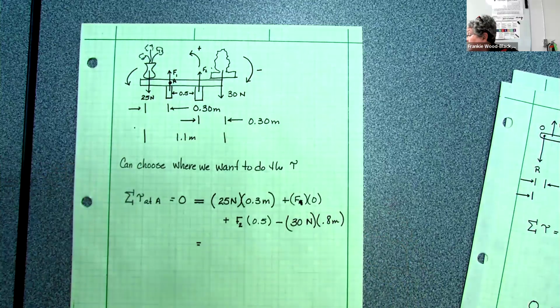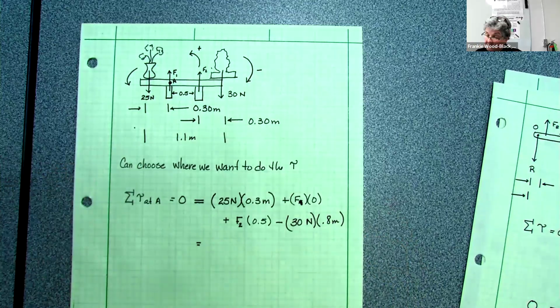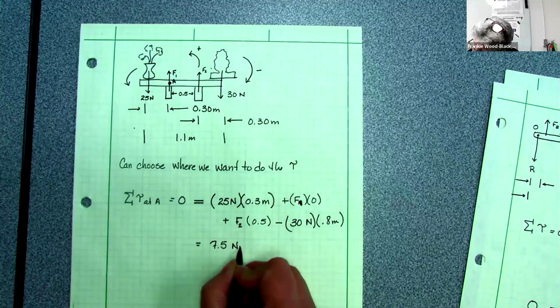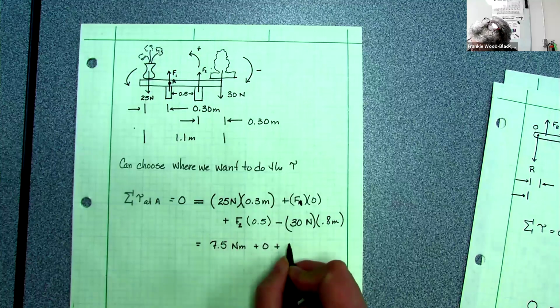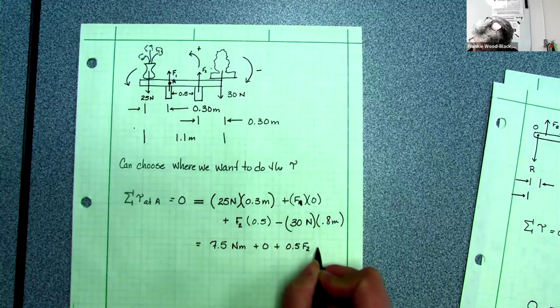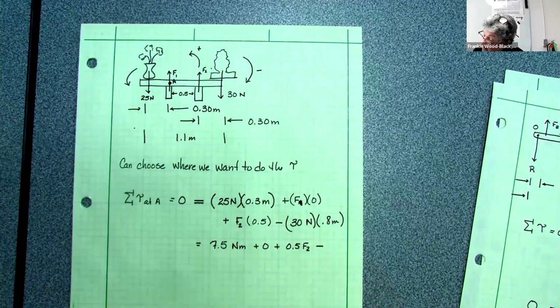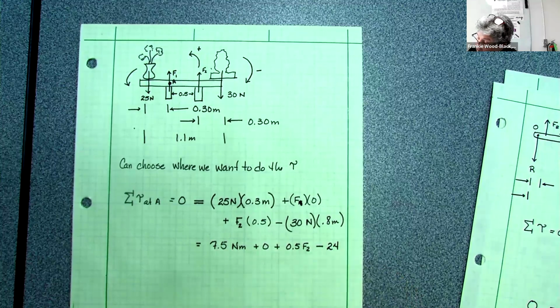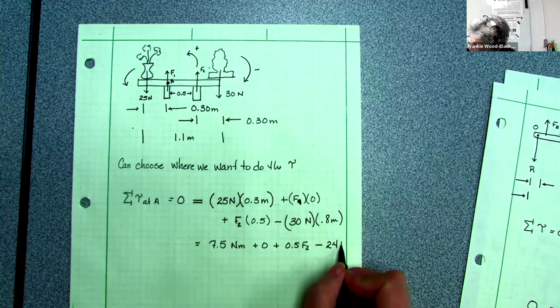So now I've got, because I did my numbers here, 25 times 0.3 is 7.5 Newton meters, plus 0, plus 0.5 times F2, minus 24. And that's Newton meters.